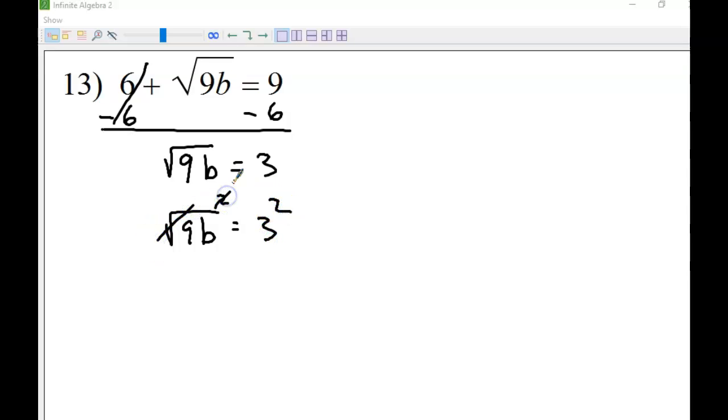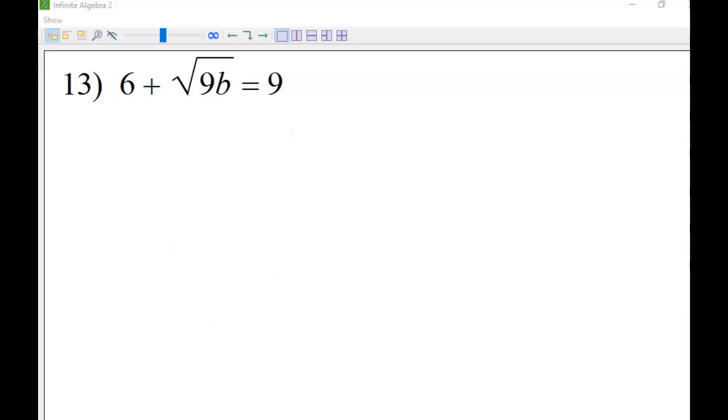So that and that cancel. And I'm left with 9b, and over here we're left with 9. And then from there, we just use our basic algebra skills there to figure out that b must be 1. Okay? So the key there is get the square root by itself and then square both sides.